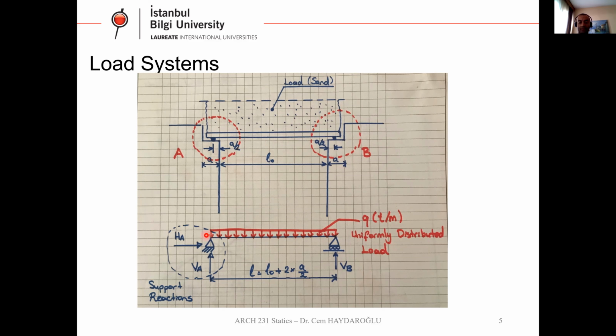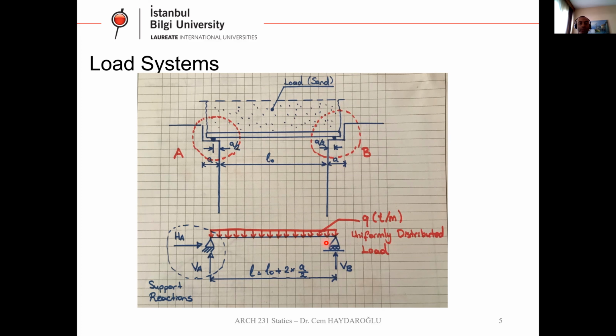This is the calculation spacing of this beam. So on top of this beam, there is sand load. At each point of this beam, we have the same sand thickness or soil thickness.